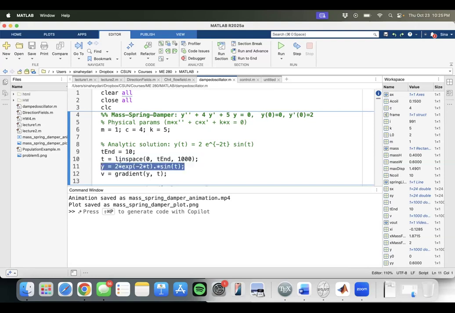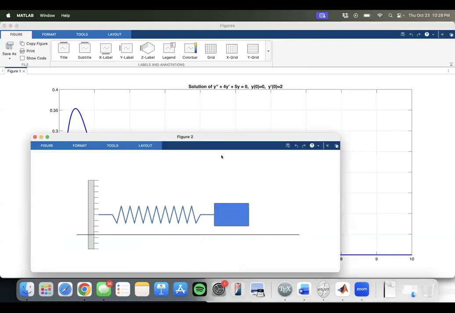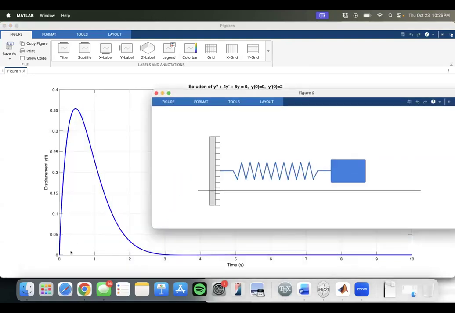Again, the answer is 2 times exponential of negative 2t times sine t, okay? And when I plot this, what you see is that it's really hard to see any oscillations, right?